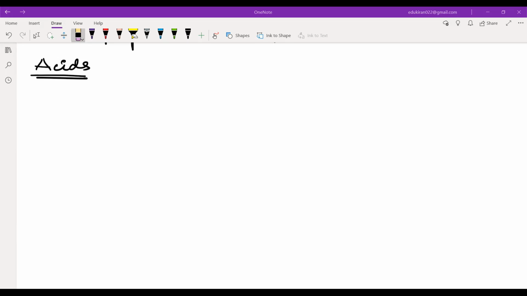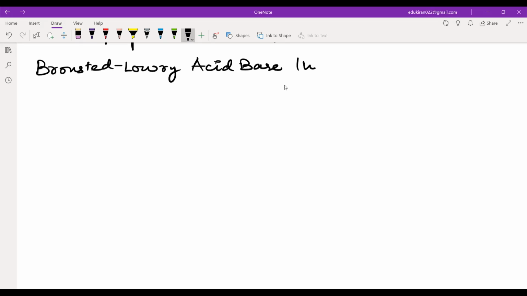Proton donors are acids. So according to the Bronsted Lowry concept, proton donors are acids. Let me write the topic: Bronsted Lowry acid base theory. I will say that this is BLT, Bronsted Lowry acid base theory.